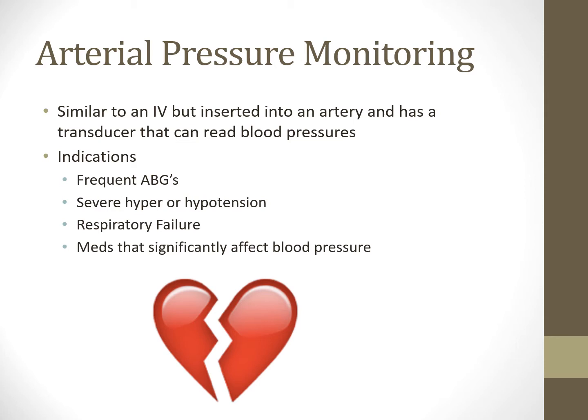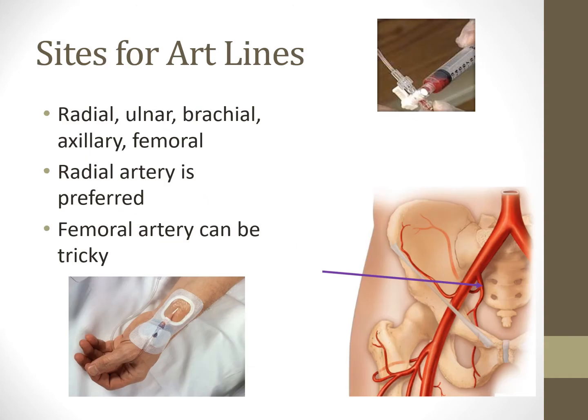Usually the people that have very labile or abnormal blood pressures might have some respiratory issues as well, because the heart and lungs work together there. If you haven't gotten that by now in the program, hopefully you will. But absolutely the most common indication is going to be blood pressure monitoring.